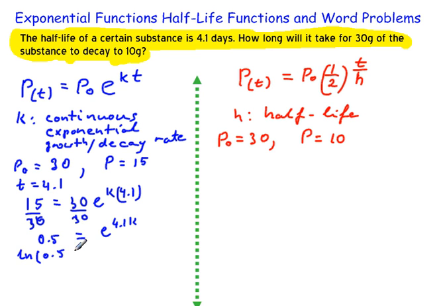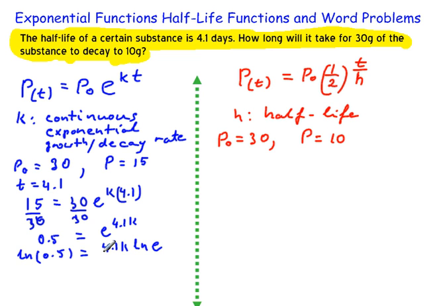0.5 is equal to 4.1 k natural logarithm e. So applying the power rule, 4.1 k exponent is factored out.